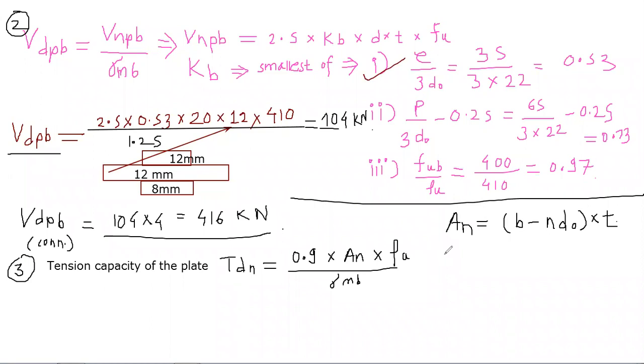B is the width, and that width is your 190 mm: 120 plus 35 plus 35, right? If you see the previous diagram, then the width is 190 mm minus N. 190 minus N, N is 2, multiplied by the 22.